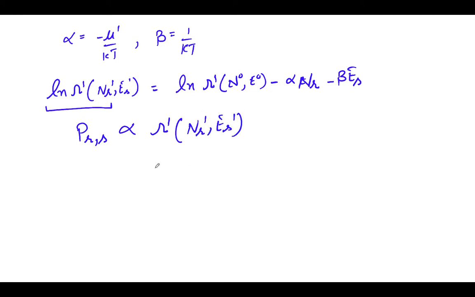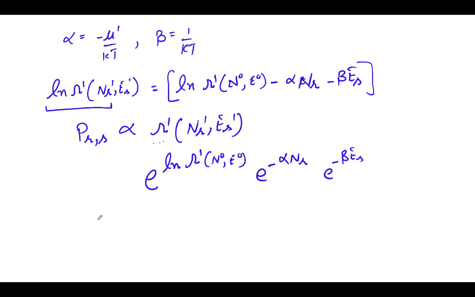If we take the exponential of this term, the equation becomes Ω'(N0, E0) exp(−α Nr) exp(−β Es). So this P(r,s) is equal to Ω'(N0, E0) exp(−α Nr − β Es).